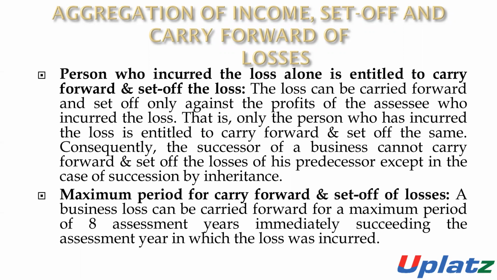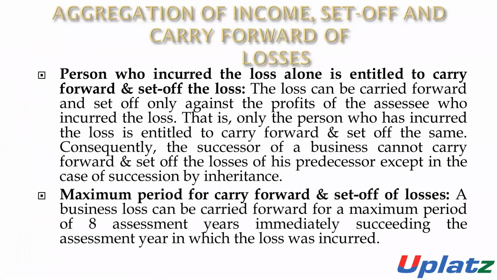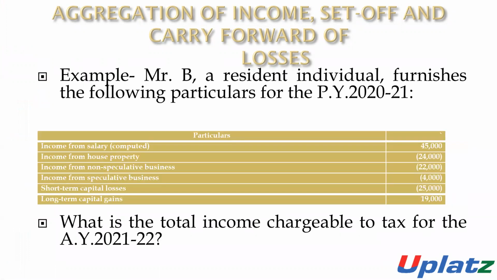A business loss can be carried forward for a maximum period of 8 years, that is, a maximum of 8 assessment years immediately succeeding the assessment year in which the loss was incurred. If the loss is incurred in assessment year 2019-20, then for 8 years from 2019-20, you can carry forward these losses.